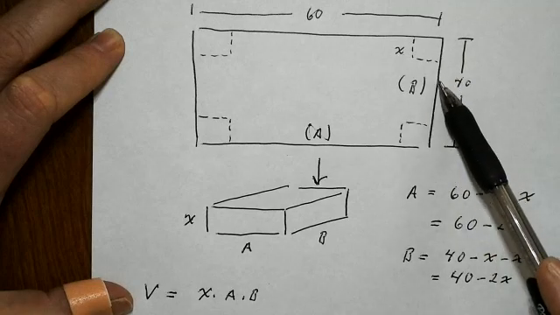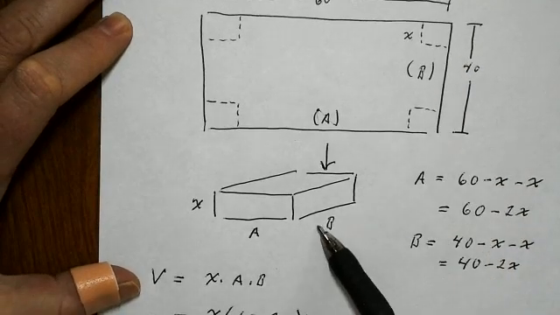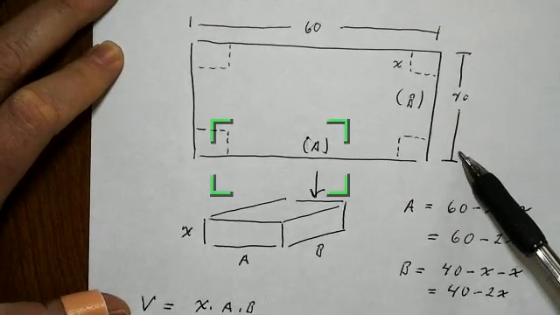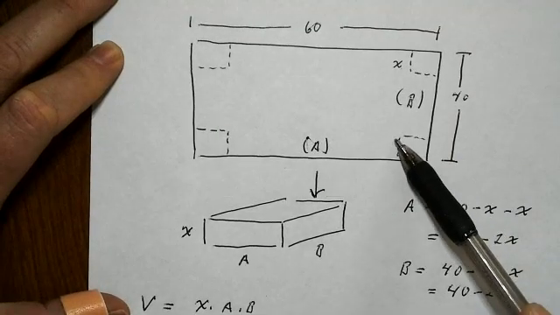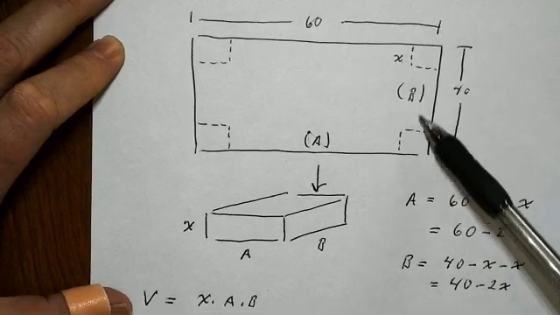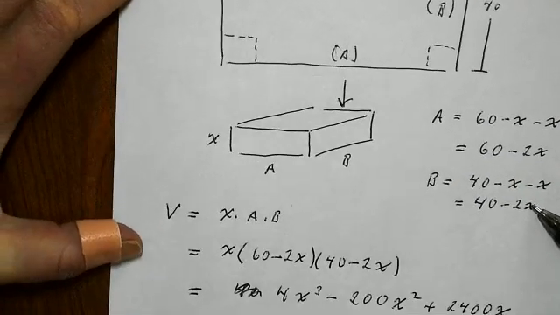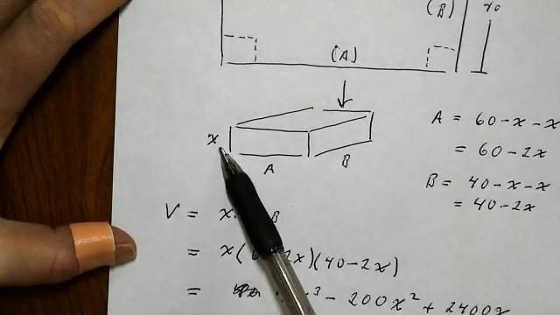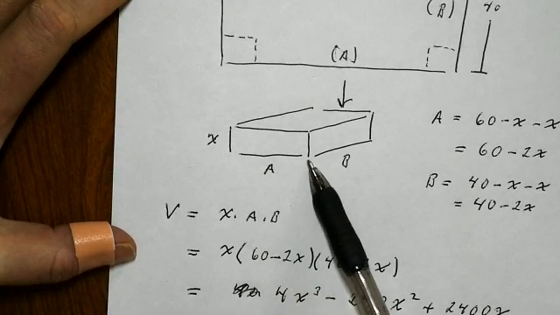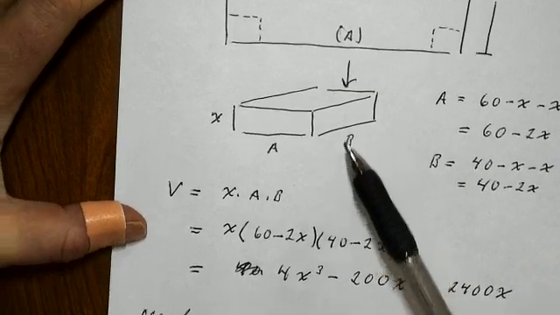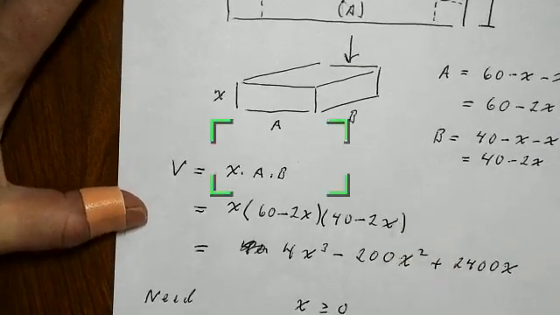Now B represents this distance, which is the same as that distance. B will be 40 minus x, minus another x, which is 40 minus 2x. So let's see if we can write down the volume of the box. The volume will be the height x times this dimension A, which is 60 minus 2x, times this dimension B, which is 40 minus 2x.